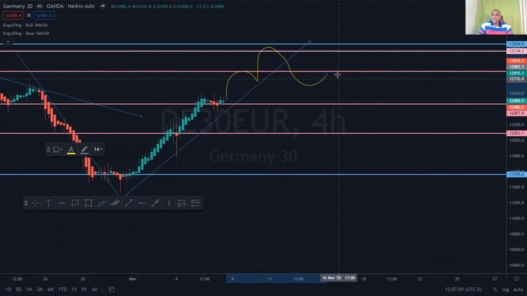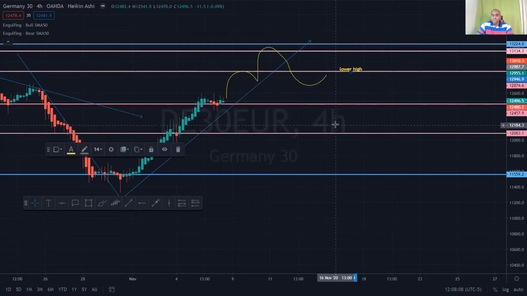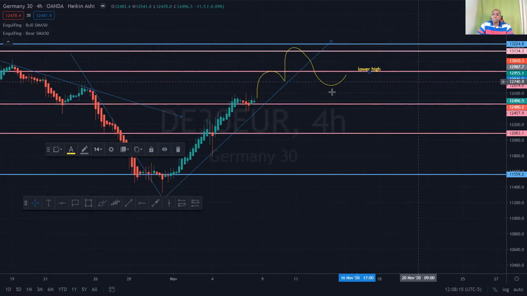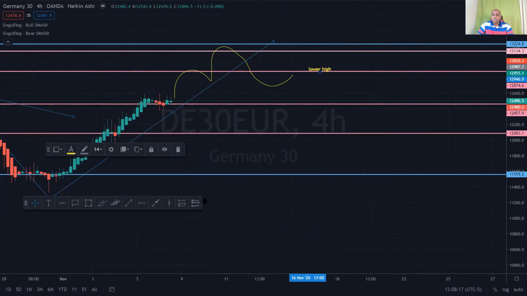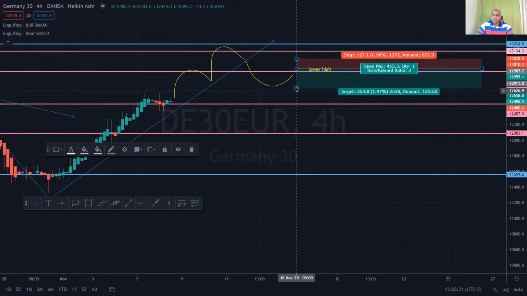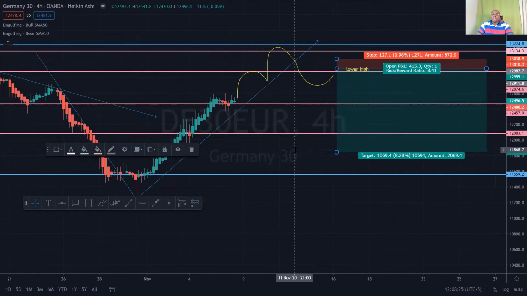So once it creates that lower high right here, and below this key support that has now become a key resistance, we're going to start to look to short it, right? Stop loss above there and all the way down here, right? So it's simple as that.